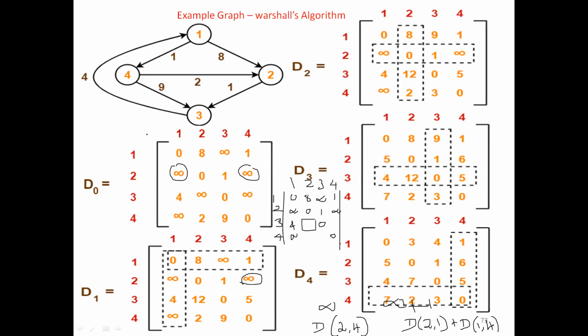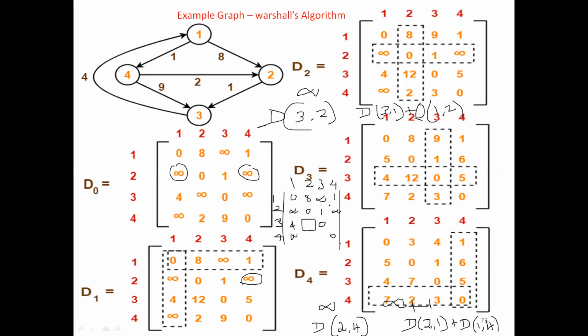So D of 3 comma 2, and I'll include 1 between this. So it is D of 3 comma 1 plus D of 1 comma 2. D of 3 comma 2 is infinity.